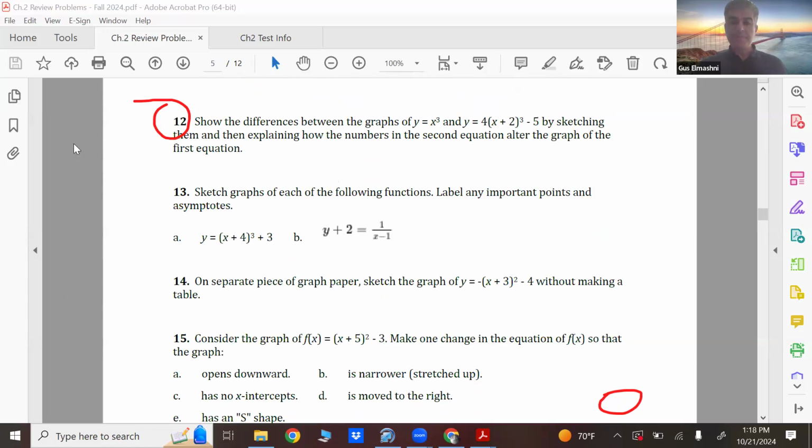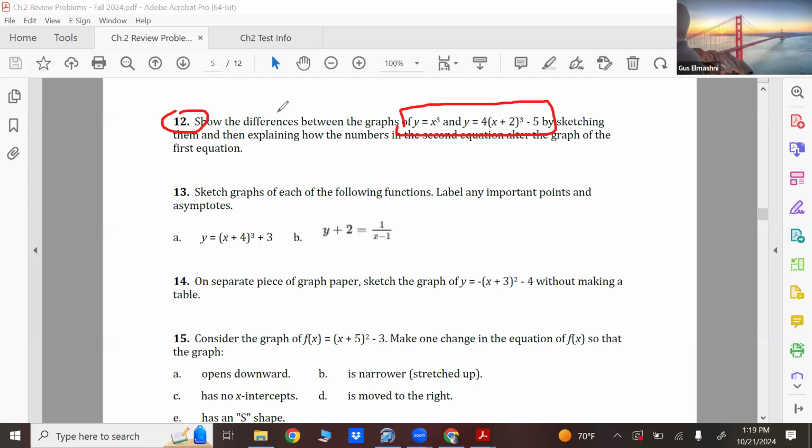Now 12 is excellent. That is an excellent question. I am going to ask something like this to explain the differences. So what's happening? Tell me the A, H, and K for number 12. What's A here? What's H?